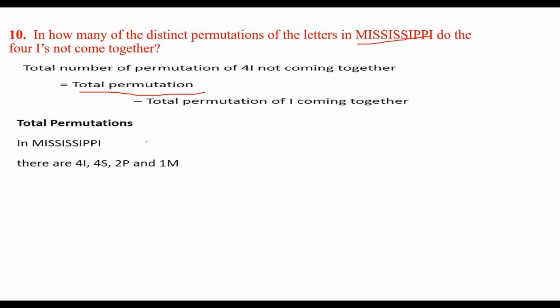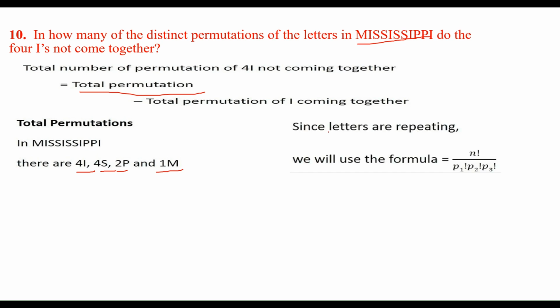Now, first, how many letters are there here? There are four I's, four S's, two P's, and one M. Since the letters are repeating, we have to use this formula: n factorial divided by p1 factorial, p2 factorial and p3 factorial, in order to find the total permutations.